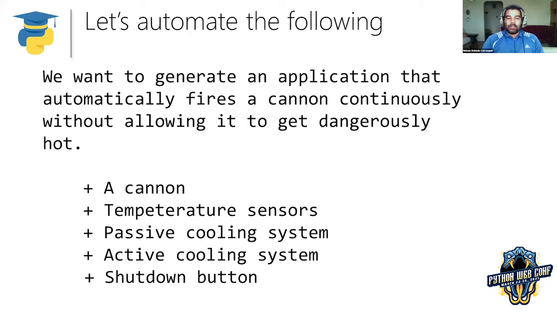To meet this purpose, we have a cannon, some temperature sensors, a passive cooling system, an active cooling system, and a shutdown button. If you're wondering what this passive and active cooling system is, let's suppose that the passive cooling system is just one fan, right? And the active cooling system is 3 fans. So you can cool down better, okay?